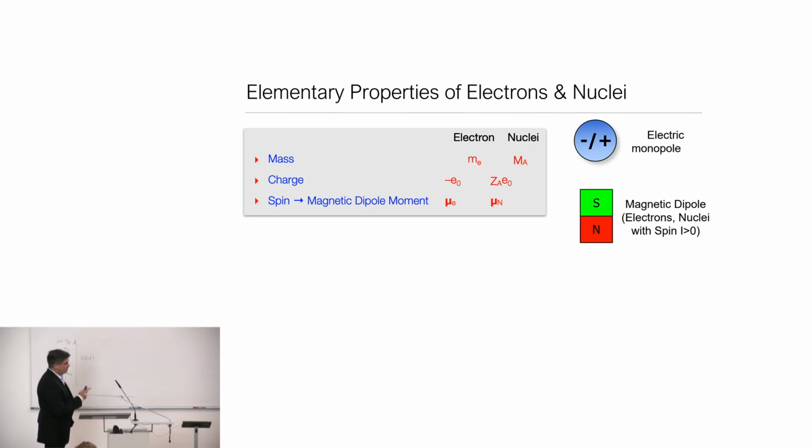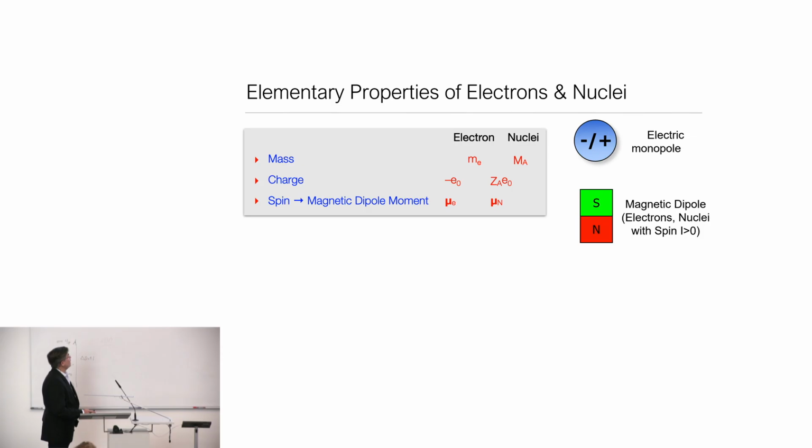But what we are talking about today is another fundamental property that electrons and nuclei just have, and that is they act as bar magnets. So in magnetism there is no magnetic monopole, but the first moment there is a magnetic dipole. And the magnetic dipole of an electron is just exactly as fundamental as the negative charge of the electron. It's a property that electrons just have, and a property that nuclei just have.